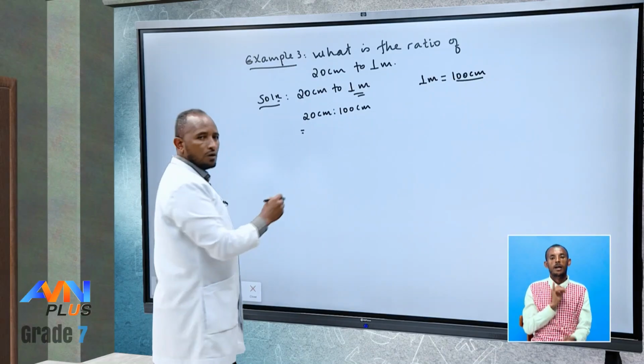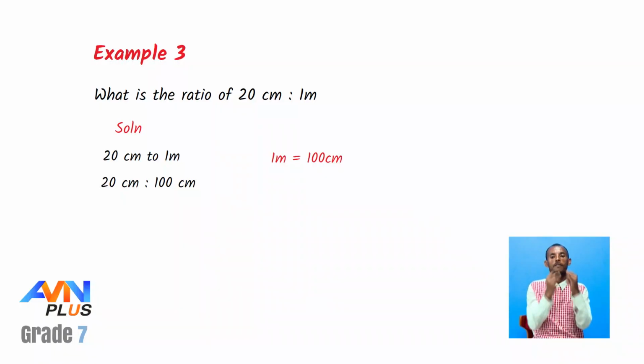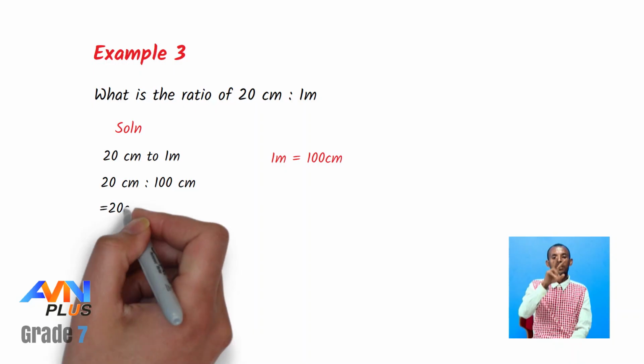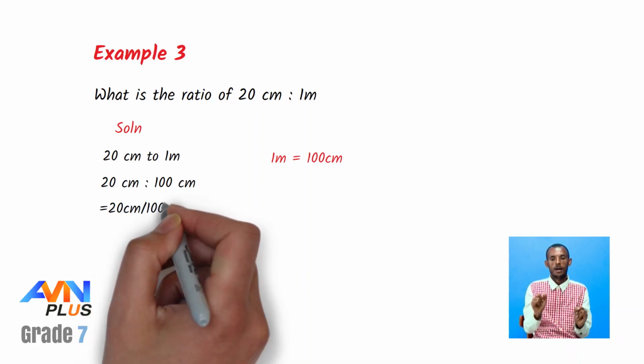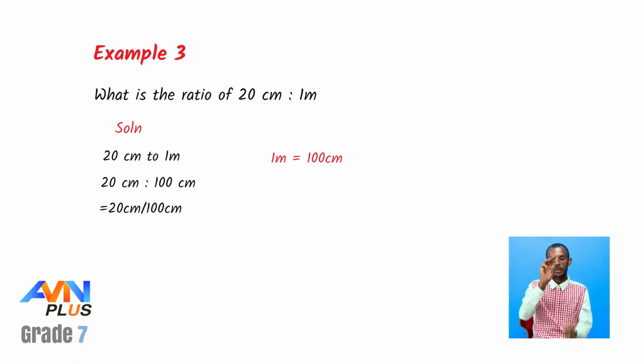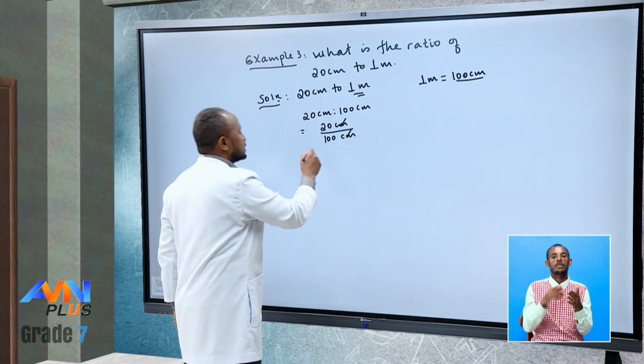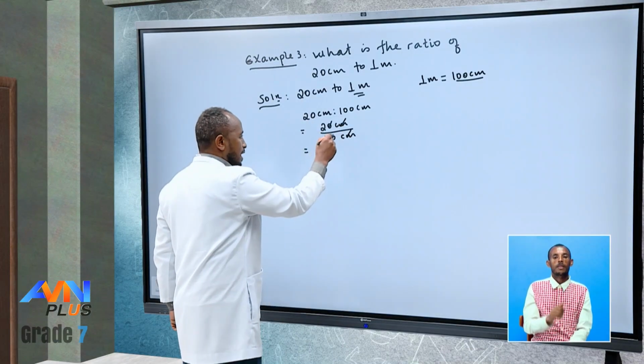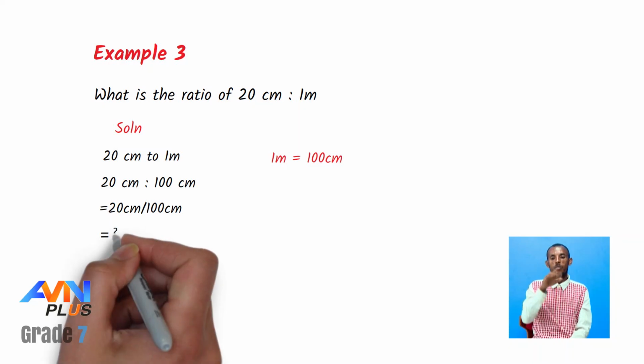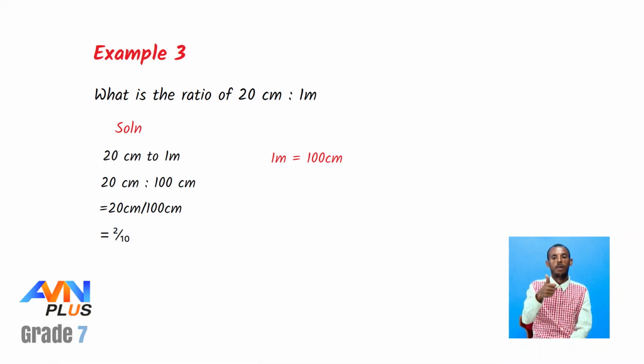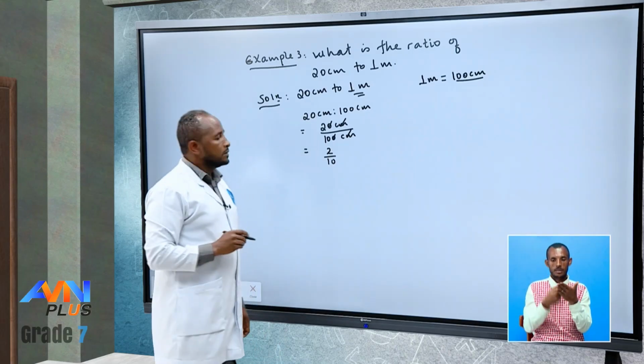Therefore, here we are asked to find the ratio of 20 centimeter to 1 meter, which is 100 centimeter, and I can write this ratio in fraction form. 20 centimeter over 100 centimeter. Centimeter cancels out, and here again 0 cancels out, and you have 2 over 10. And I can write this in lowest term.